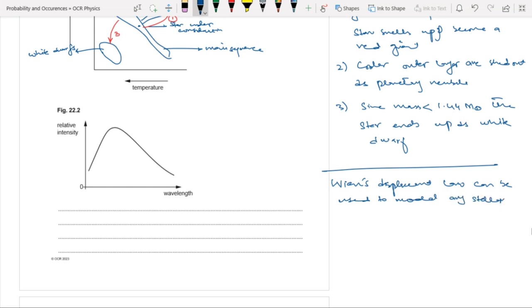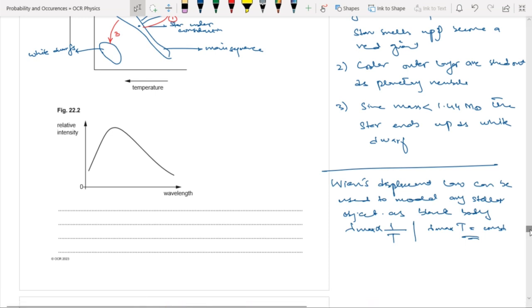In fact, it can be used on even mammals or different other objects that emit electromagnetic radiations. So it can be used to model any stellar object as a black body, and it suggests that the maximum wavelength that it emits is inversely proportional to the temperature. And also lambda max times T is a constant.